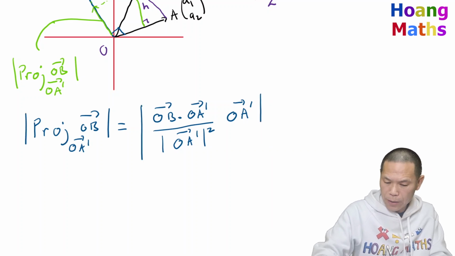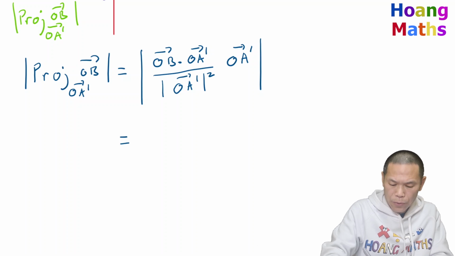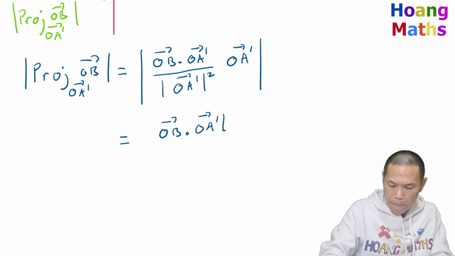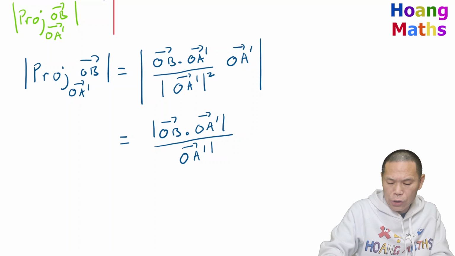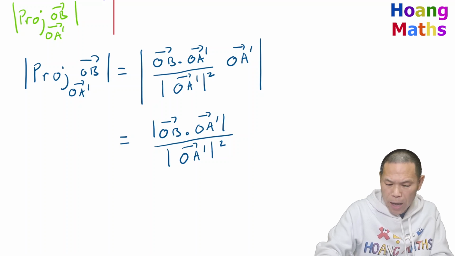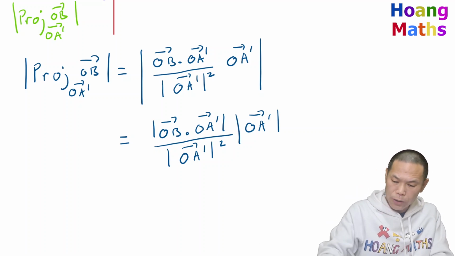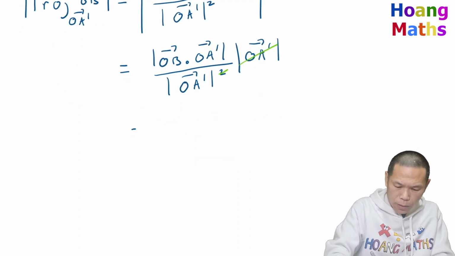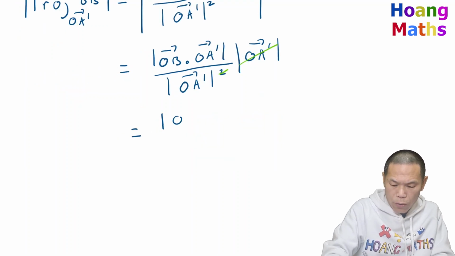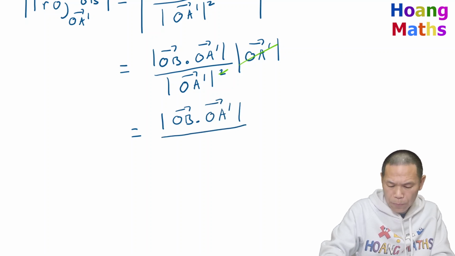So this is what we're after: the magnitude of OB dot OA prime over the magnitude of OA prime squared, and we times by the magnitude of OA prime. We can cancel this out, which gives me the magnitude of OB dot OA prime over the magnitude of OA prime.